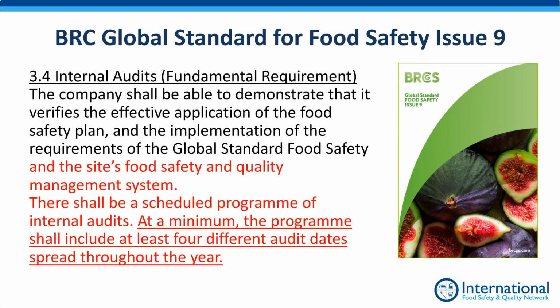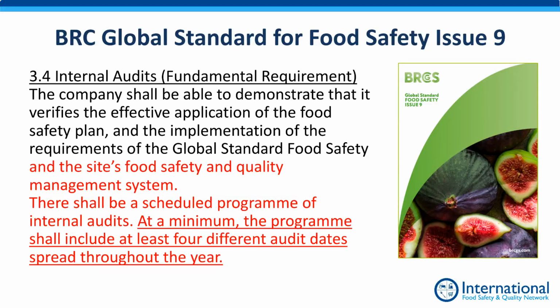So if we mention some of the other schemes, BRCGS, Global Standard for Food Safety, internal audits are a fundamental requirement. The company needs to be able to demonstrate that it verifies the effective application of the food safety management system and the implementation of the requirements of the Global Standard for Food Safety and the site's food safety management system.